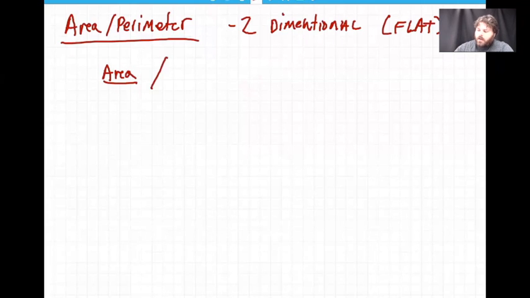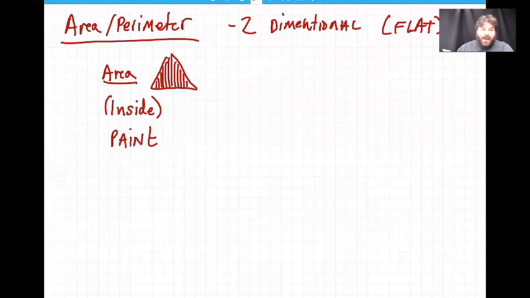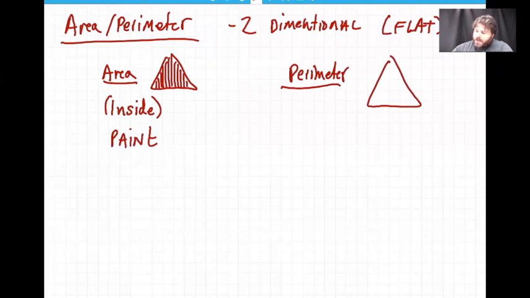Now area is kind of like how much stuff fits on the inside, okay? It's like the inside amount. So I always think about like paint. How much paint would it require to paint something, right? That's how much of the inside we have. All right, perimeter is more of an idea of the distance around the outside. Okay, it's more of a distance.